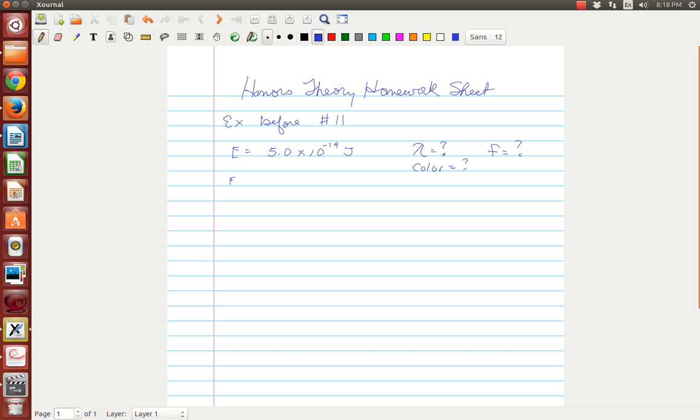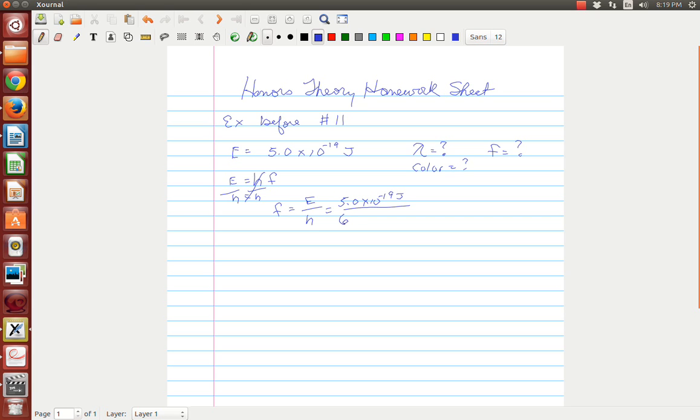So energy equals Planck's constant times frequency. Since I need to figure out the frequency, I'm going to change this formula, so this goes away, and frequency is equal to the energy over Planck's constant. So let's go ahead and figure out the frequency. Energy is 5.0 times 10 to the minus 19 joules.